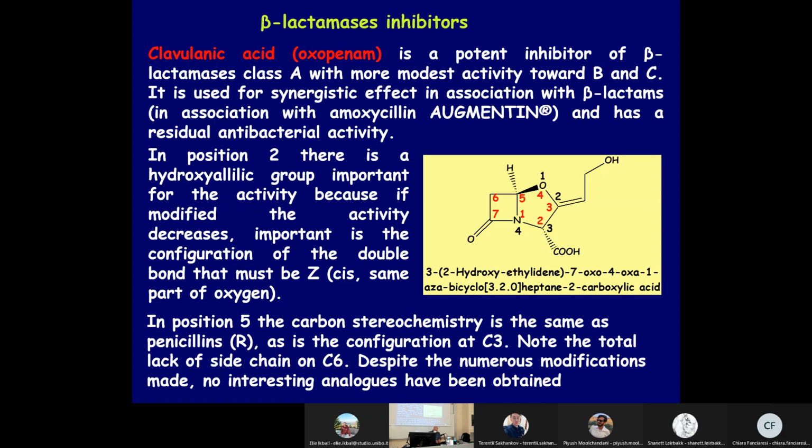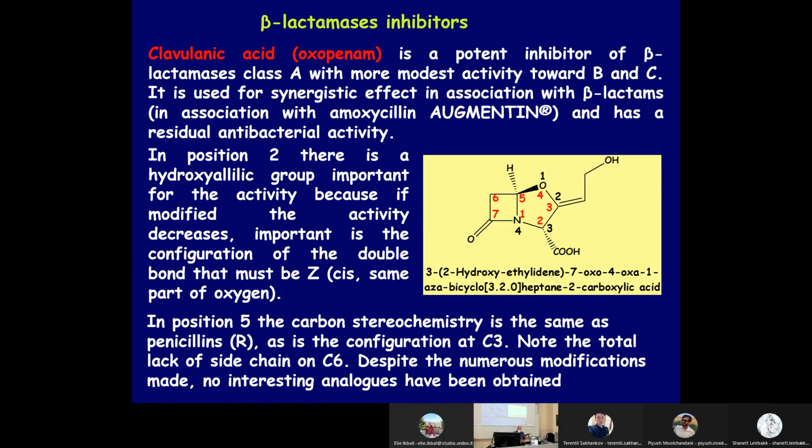So today we have seen cephalosporins, and we have already seen how it's possible to simplify the chemical structure of cephalosporins, and the inspiration for this modification derived from natural compounds. So once again, you understand the importance of natural compounds to design new antibiotics, in this case, against resistant bacteria.